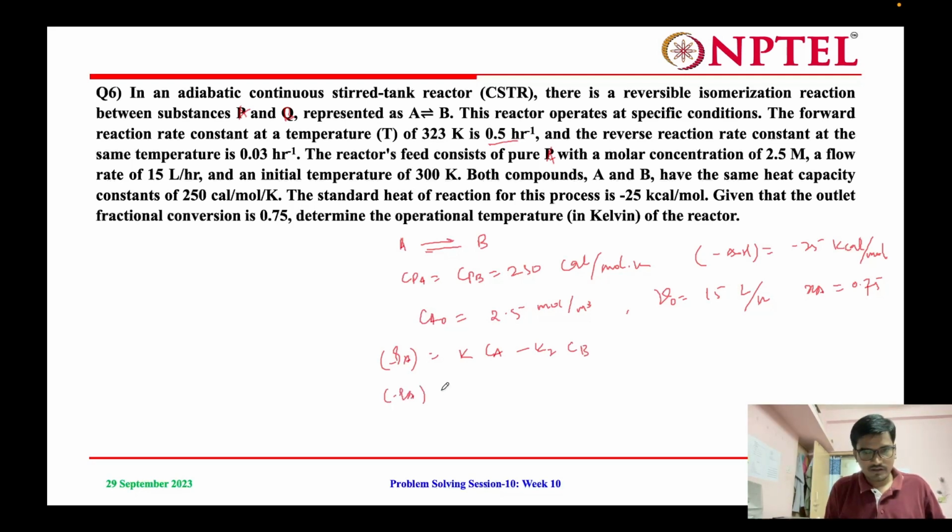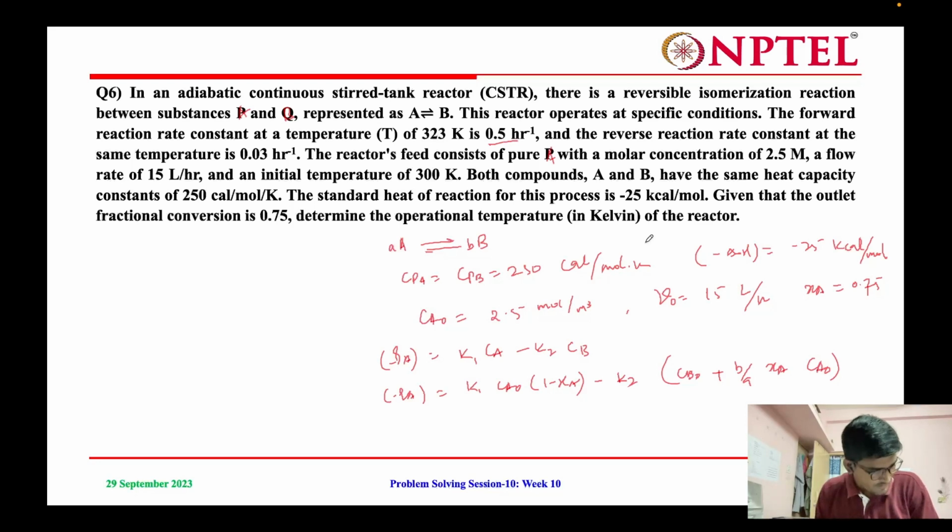So we can write K1 Ca naught (1 minus Xa) and K2 Cb naught plus the stoichiometric ratio times Xa times Ca naught. Now here pure feed is given and Cb naught equal to 0. All the values are given, so put them in this equation.